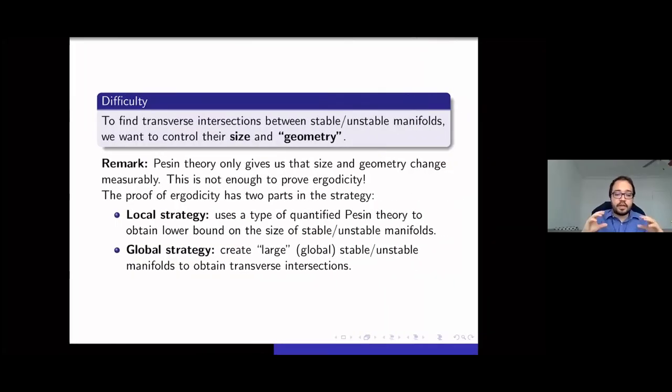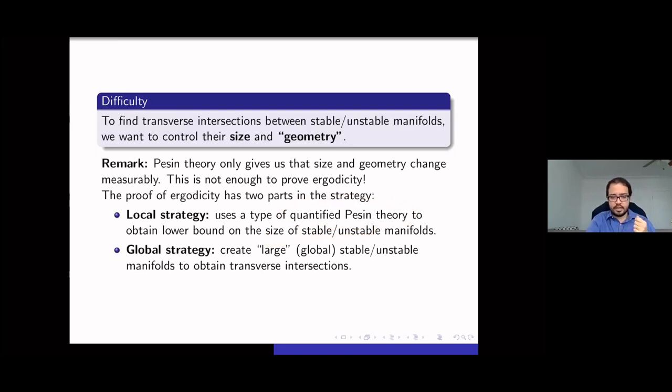So the proof has two parts. There is a local strategy and a global strategy. A few words about each of these parts before we jump into more details. For the local strategy, the idea is that you want to use some quantified version of Poisson theory to obtain lower bounds on the size of the manifolds.